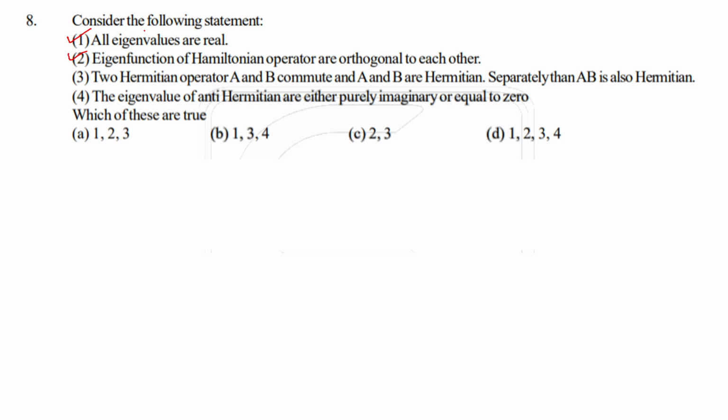What about statement 3? If two Hermitian operators A and B commute, and A and B are Hermitian separately, then AB is also Hermitian.